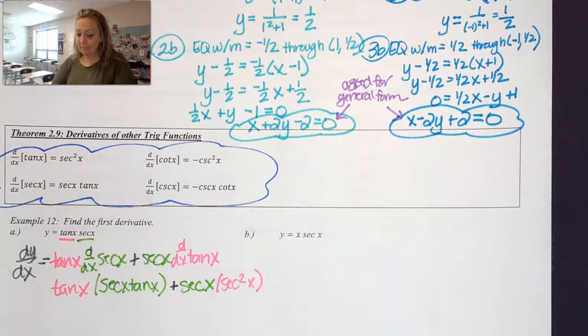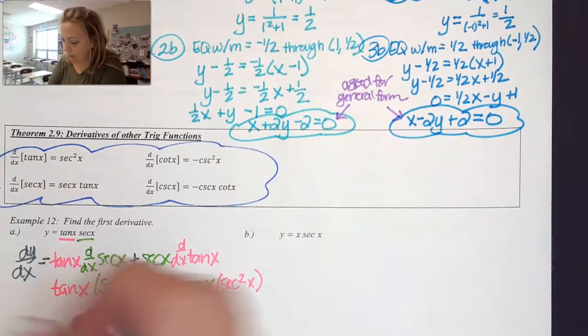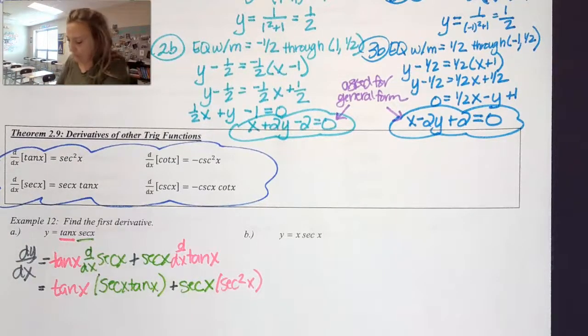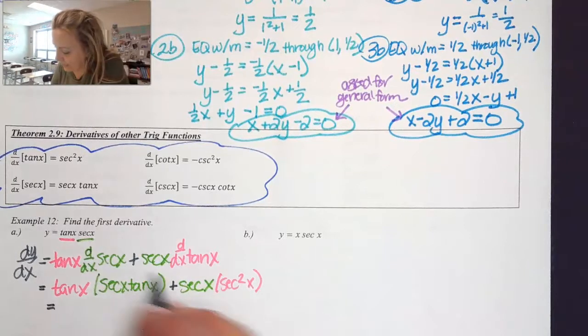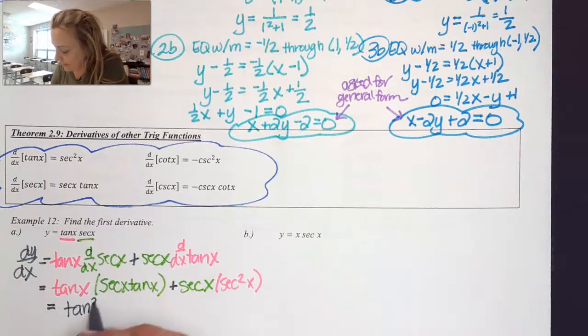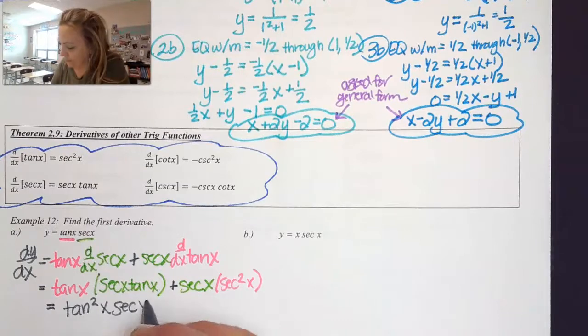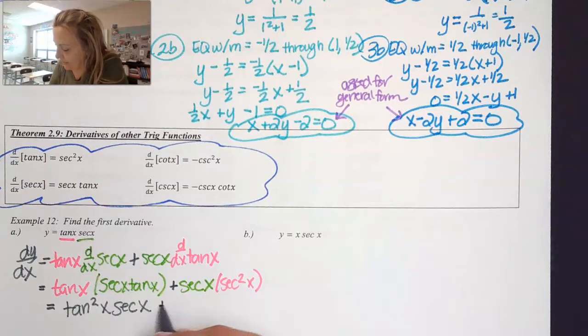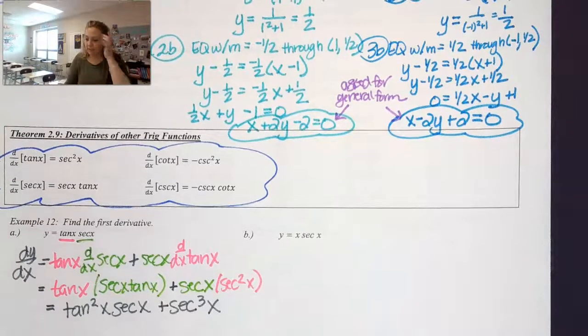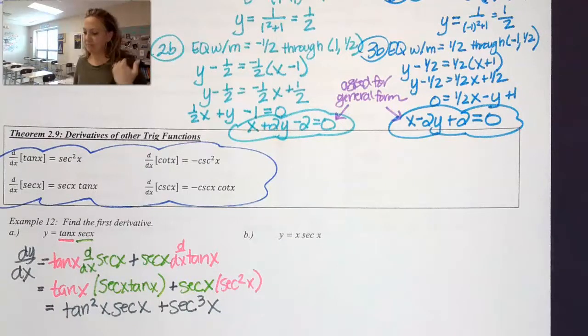And now we can simplify each of those terms. So if I multiply here, I see that I get tangent squared x secant x, and then here I have secant cubed x.